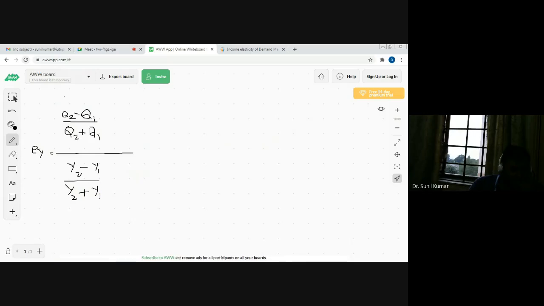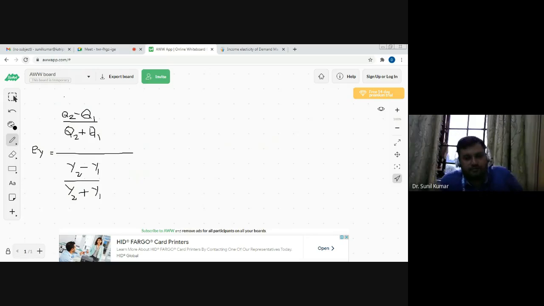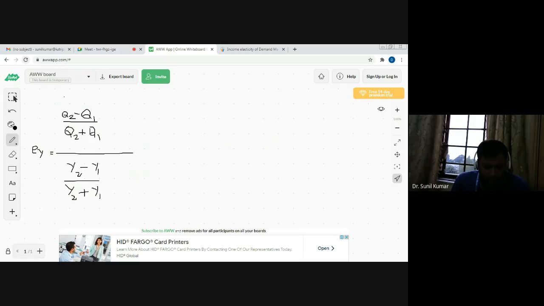So write down, Q1 stands for quantity demanded. Q1 stands for quantity demanded before the change in income.